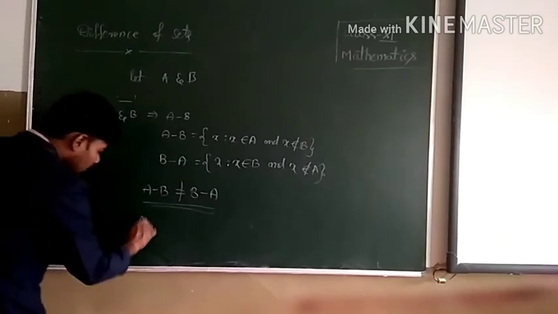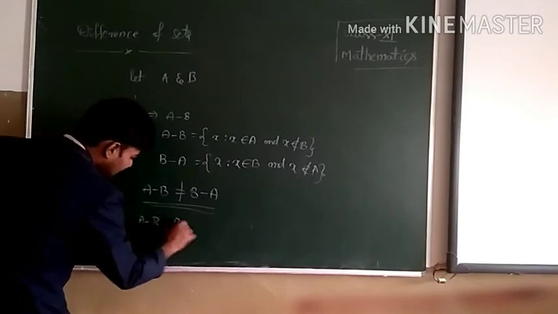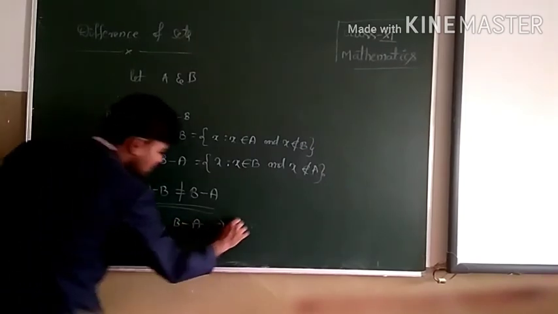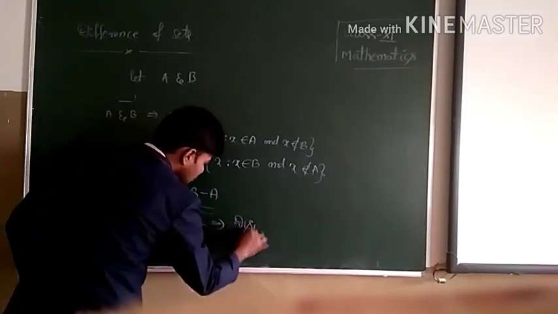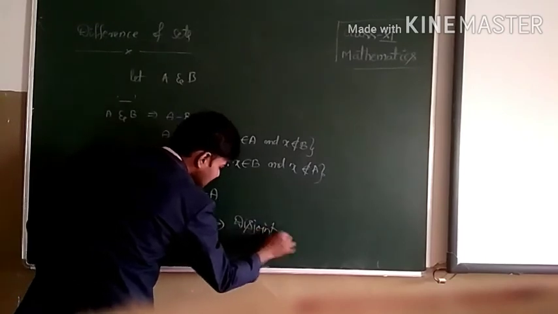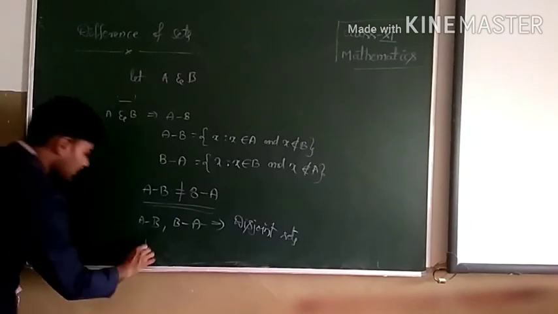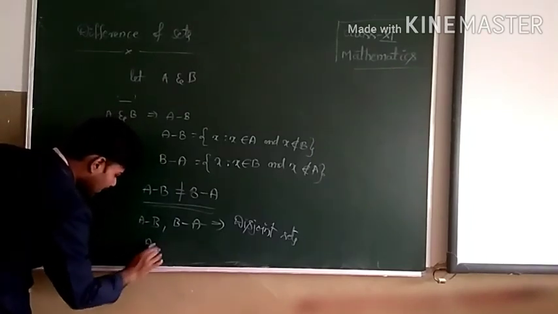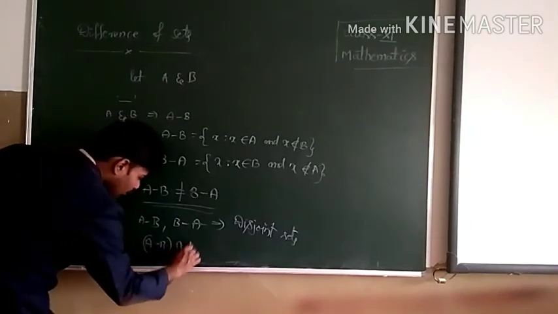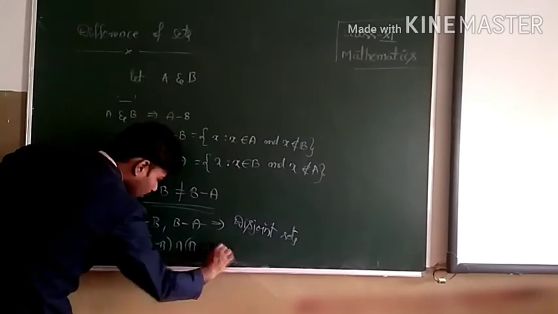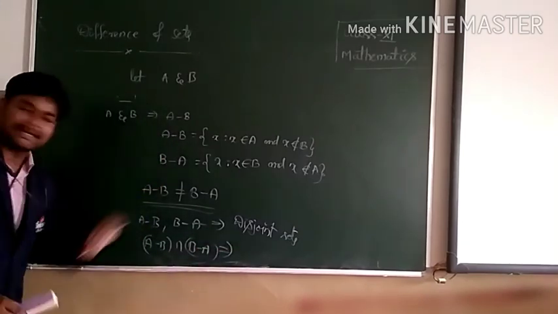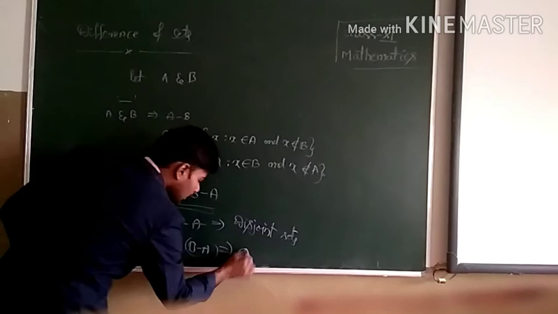And we can conclude that A minus B and B minus A are disjoint sets. These two are disjoint sets because if you find the intersection of A minus B and B minus A, we will get φ only.